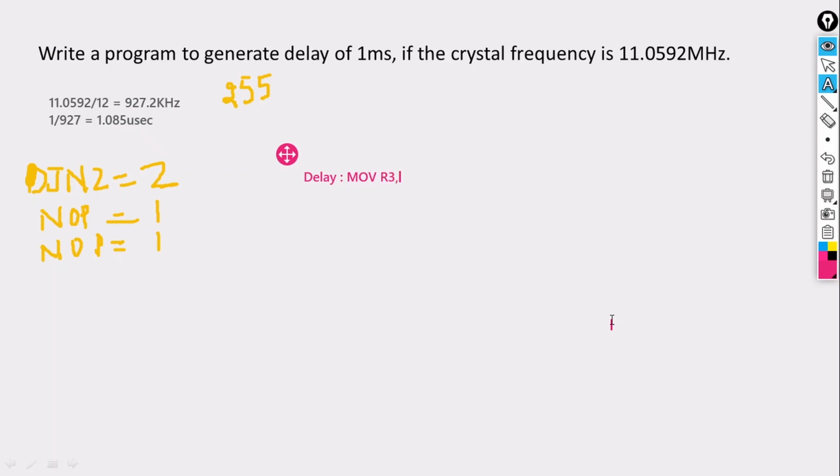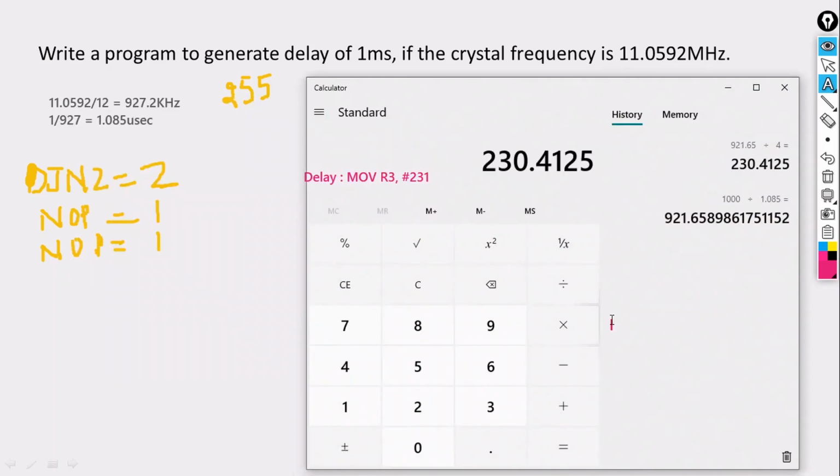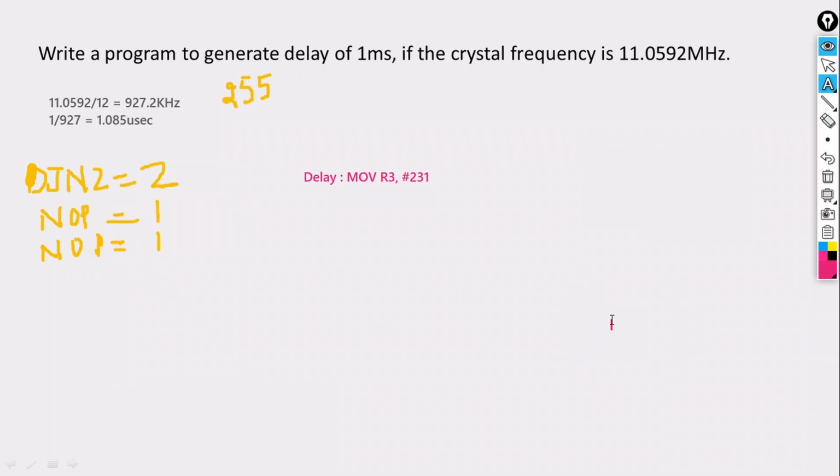Since I got 230.4, I'll be loading the next higher value, so that is going to be 231.